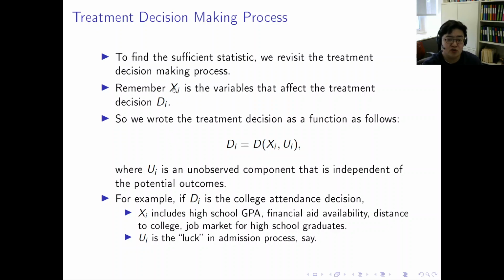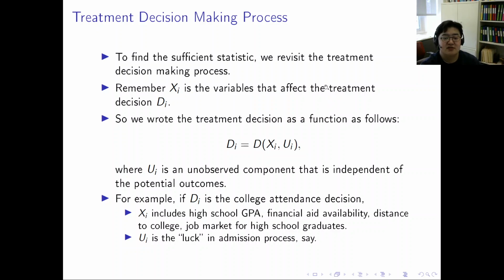Earlier, I told you that the control variables x must be the variables that affect the treatment decision, not affected by the treatment decision, but x affects your, for example, college decision.